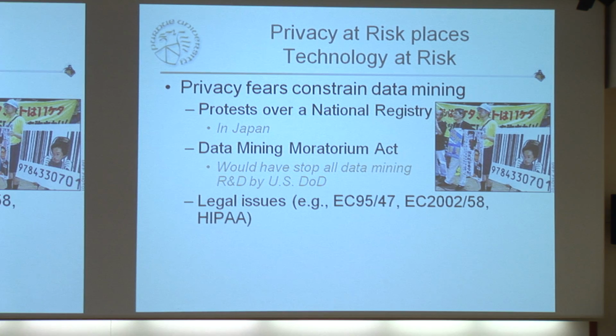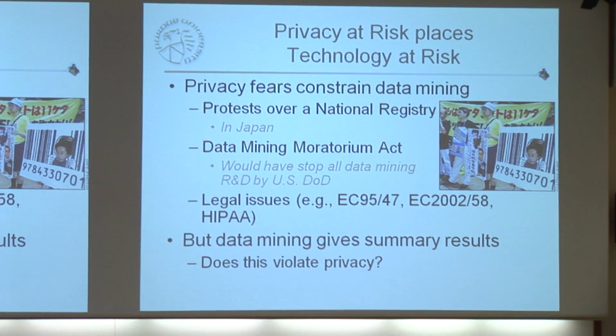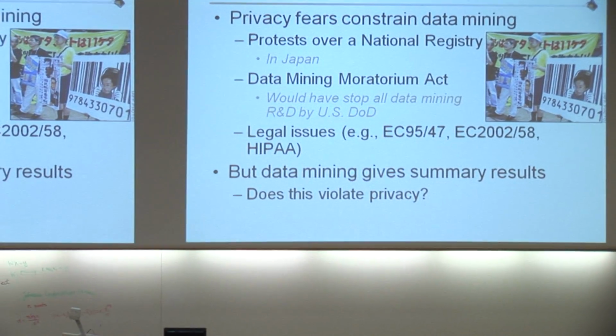And it hasn't stopped. There are some bans in place, luckily not bans that affect research to a great extent. Legal issues that control what you can do with data. But data mining gives us these summary results, clusters, classifiers. Does this violate privacy? The fact that we've discovered a cluster, does that really hurt anybody's individual privacy?